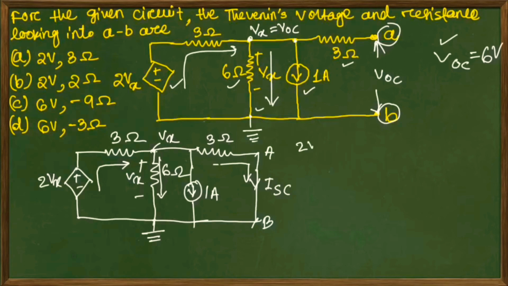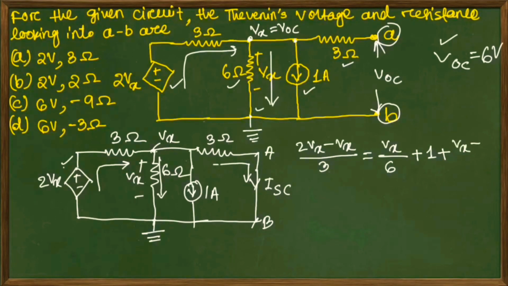Here 2Vx minus Vx divided by 3, the current in this branch, equals the net current leaving, that is Vx by 6 plus 1 ampere current plus Vx minus 0, as this is shorted, divided by 3.